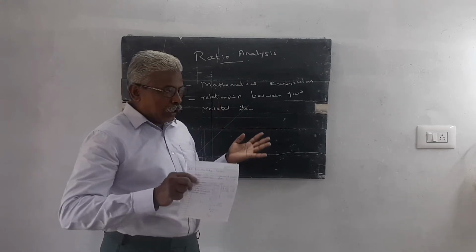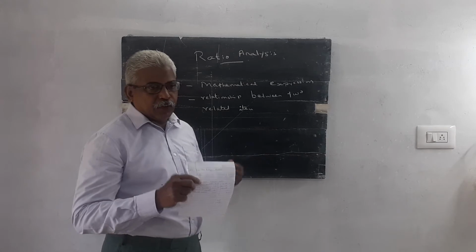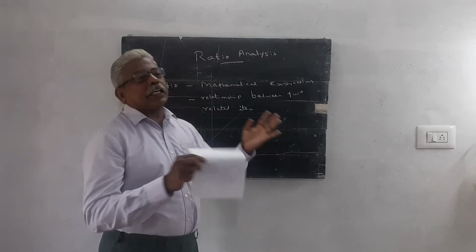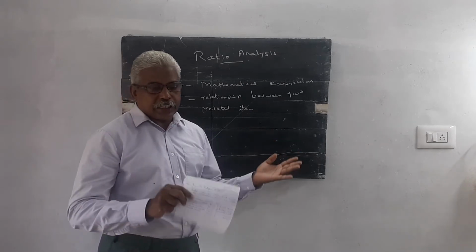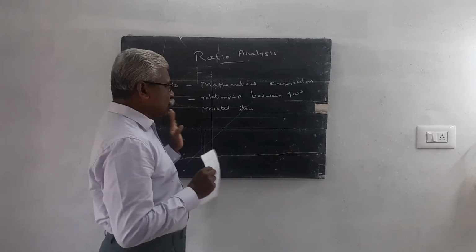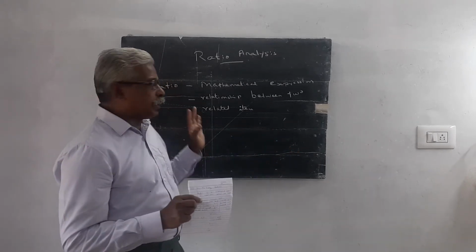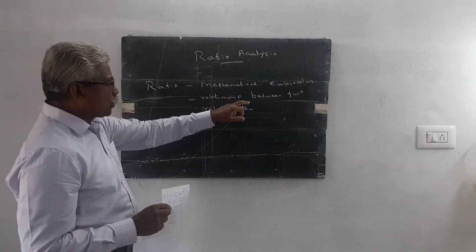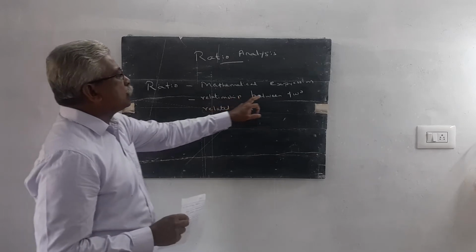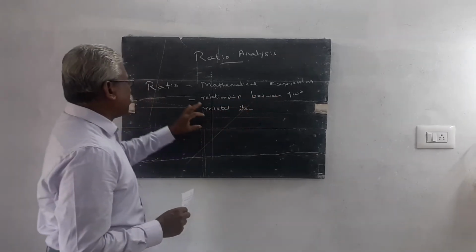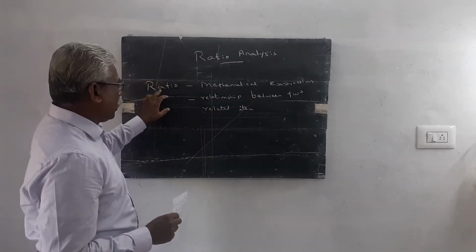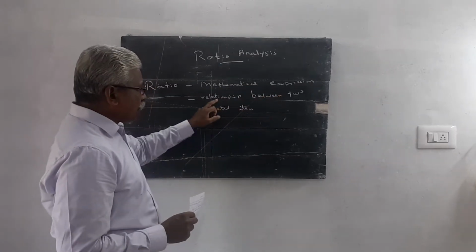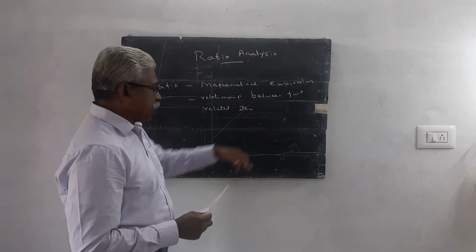We have to analyze fixed assets and current assets, internal liabilities and external liabilities. Likewise, we have to compare both the items; it is called a ratio. Once again I explain, ratio is the mathematical expression of relationship between two related items.